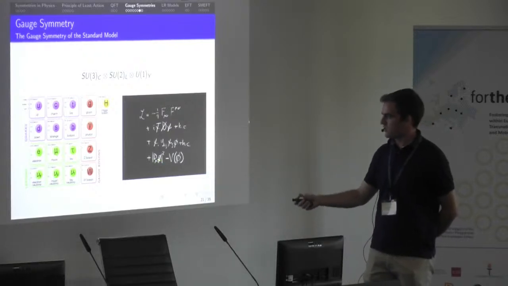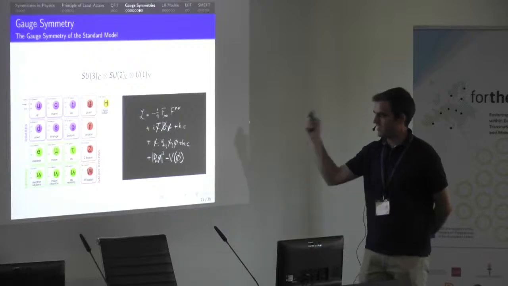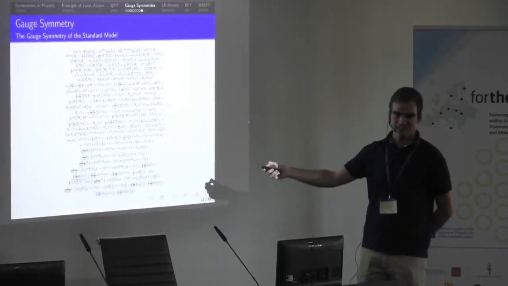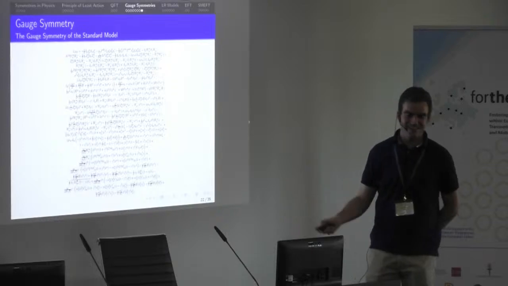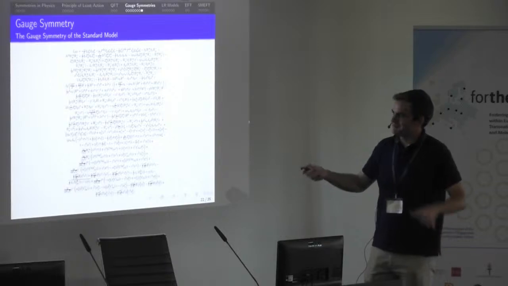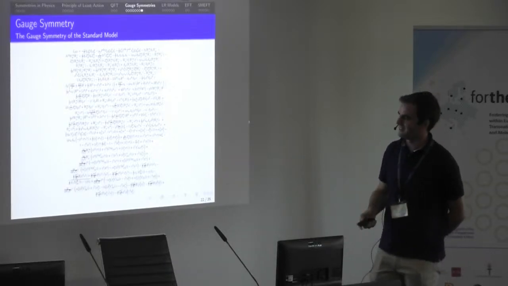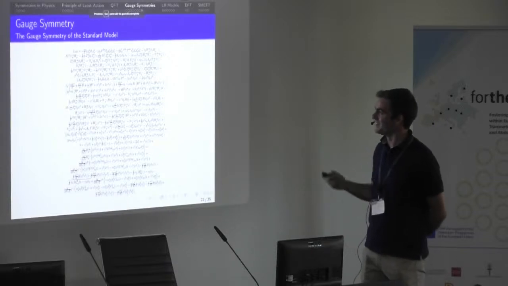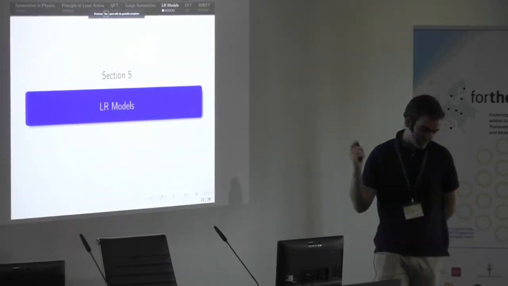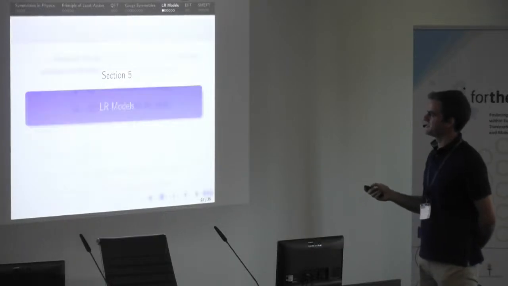If I use these ingredients, this symmetry, these particles, I get this. This is the standard model Lagrangian. And I think that there are some terms missing, but this is the point, right? And this is very simple compared to other Lagrangians that we have in extensions of the standard model. So let us study one of those extensions, left-right models.